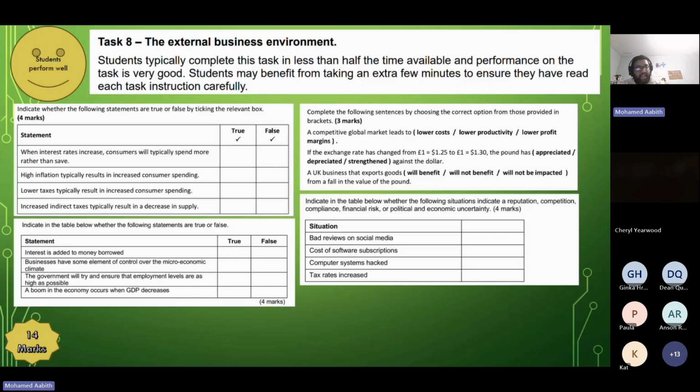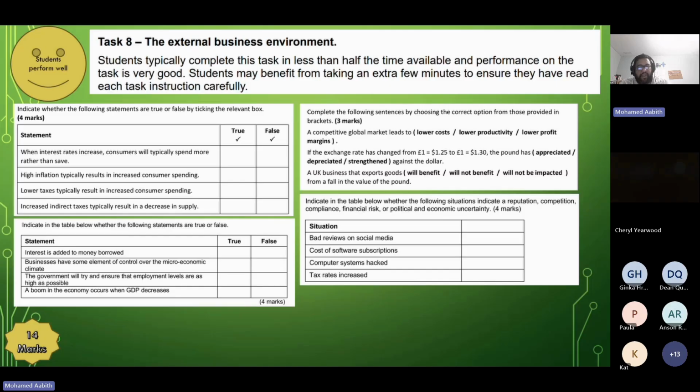Now the last part here: indicate in the table below which of these they're talking about. The options are reputation risk, competition risk, compliance risk, financial risk, or political and economic uncertainty. Some of them are risks and the last one is uncertainty.